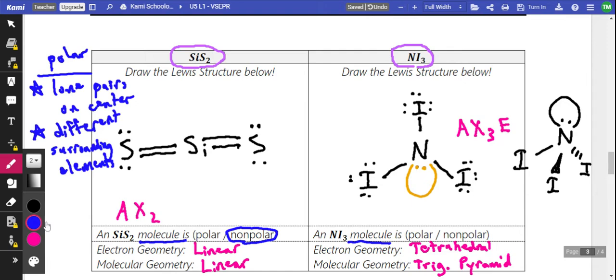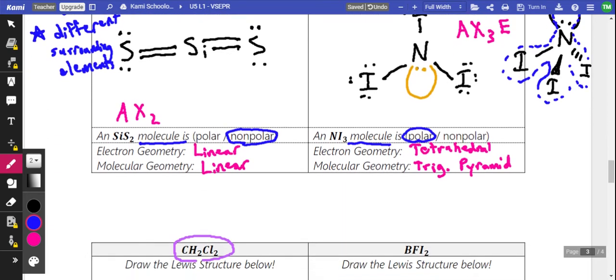We've got your electron cloud being shared to each iodine, and those are all pretty neat and symmetrical, and then you've just got your electron pair here that's sitting awkward and weird, not bonded to anything else. So this makes a lopsided molecule, which means our charge and our electrons are not going to be distributed nice and symmetrically and evenly across the molecule. So this is a polar molecule, thanks to that lone pair on the central atom. We're going to do one more example here.